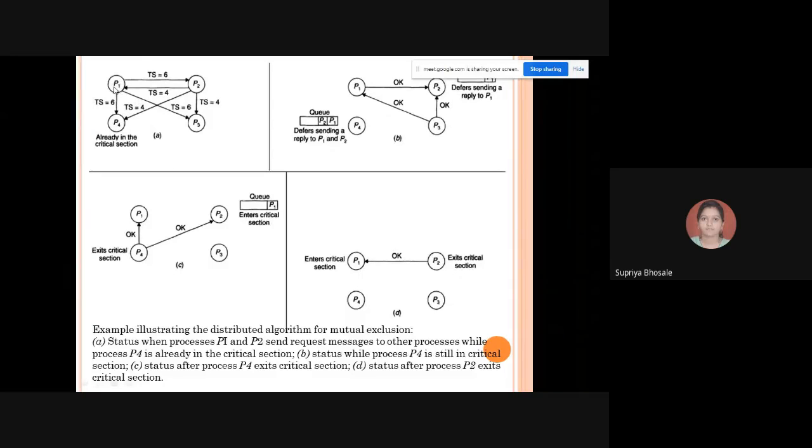So here what will P1 do? It will send the timestamp 6 message to all the other machines, that is P1 to P4, then P1 to P3, with the timestamp of 6. In the same way, P2 will also send the message with the timestamp 4 to P1, to P4 and to P3 also. Okay, ही केस झाली तुमची फर्स्ट.